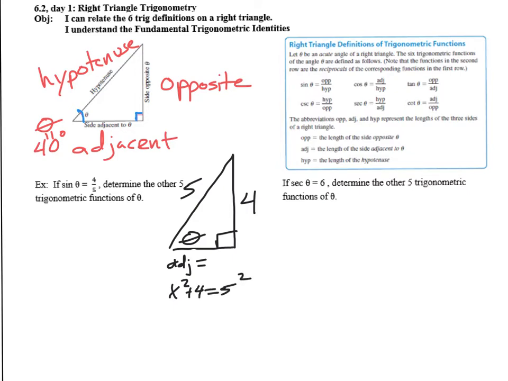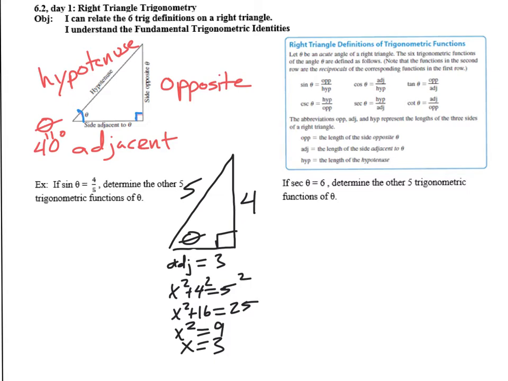I use the Pythagorean theorem to figure out my missing side length, because once I have it, getting all 6 trig functions, or essentially the other 5 because I was given one, is pretty easy to do. Subtract 16 and I get 9. Okay, here's one that works out really nice with the numbers, that the adjacent side is 3.